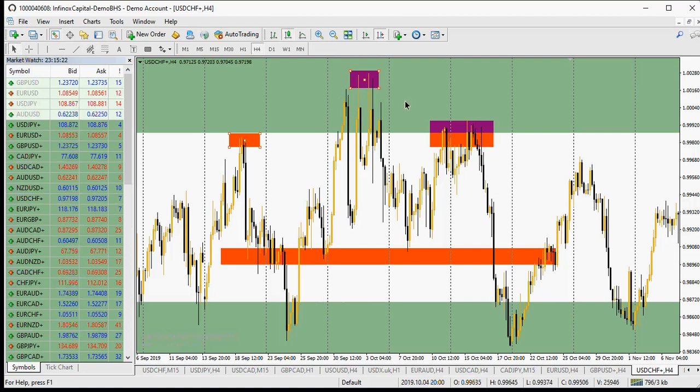Now, when it was going up, it couldn't reach the last peak, but it reached almost the same level as the other peak before dropping. So it couldn't take out this high, but it got to the level the other one got to.